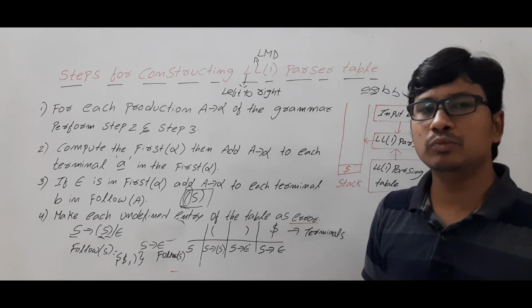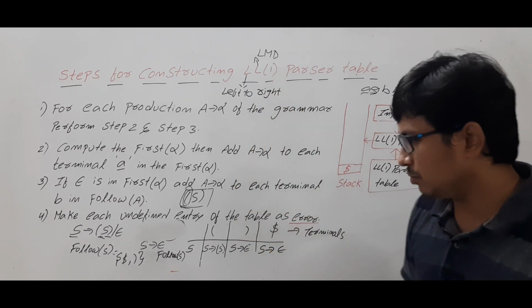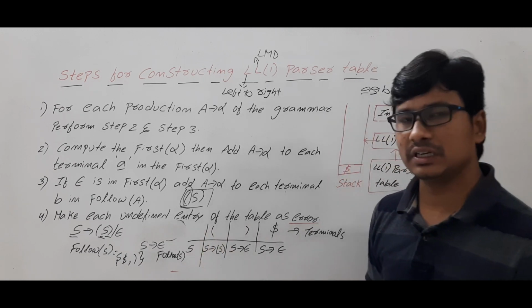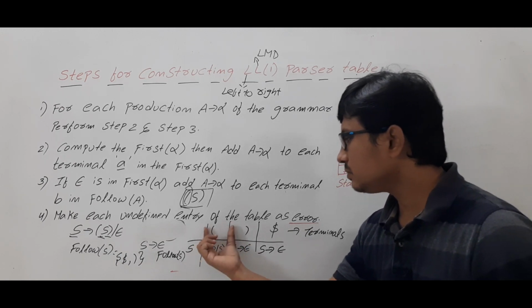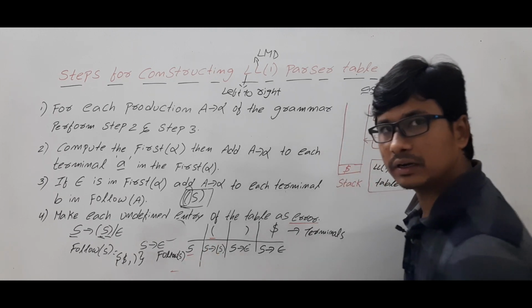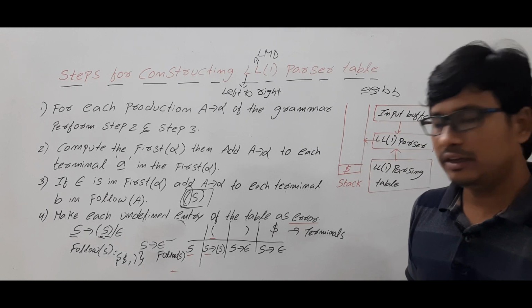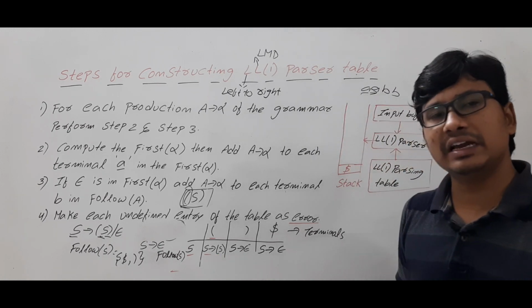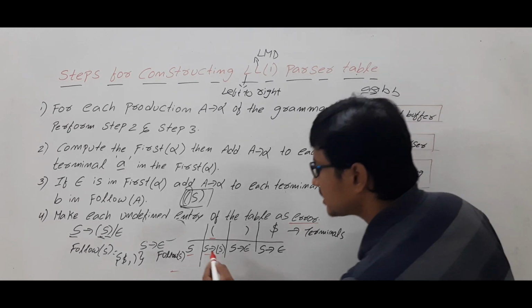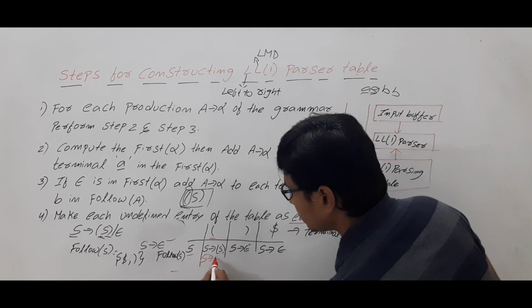And remember one more important point of the LL1 parsing table. At any position or any entry, if you have only one entry, it is okay. If you do not have any entry, then I will consider it an error. But let's take that you have two entries here, some epsilon.